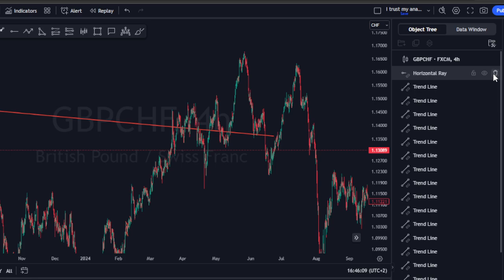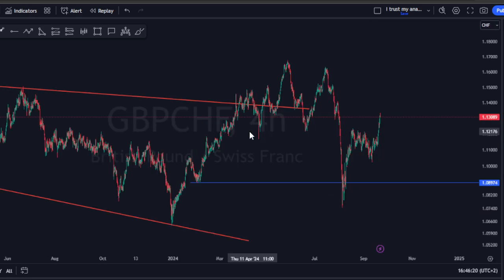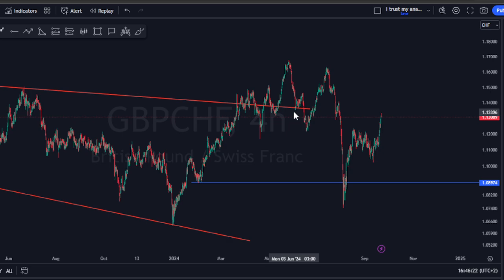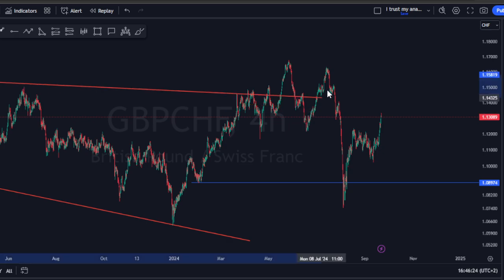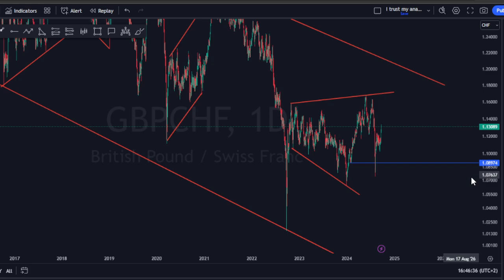All right. So currently, what we can do is possibly just extend this pattern. Let me just do it on the daily so that we can see everything properly.